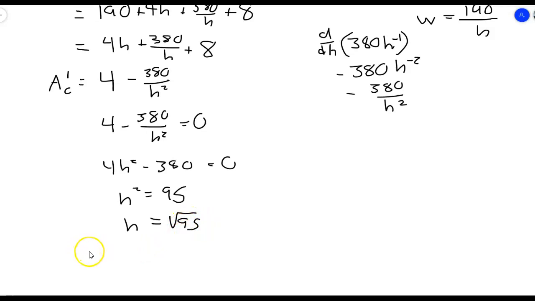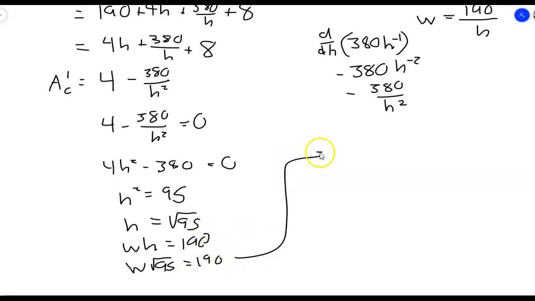So our optimal height here is going to be the square root of 95, and to find the width, we just plug it right back into that constraint equation that they gave us, where width times height is equal to 190. So substitute that height in there. So width times the square root of 95 is equal to 190.